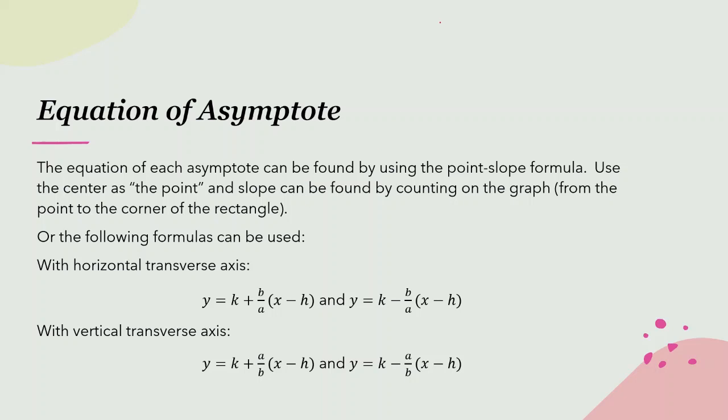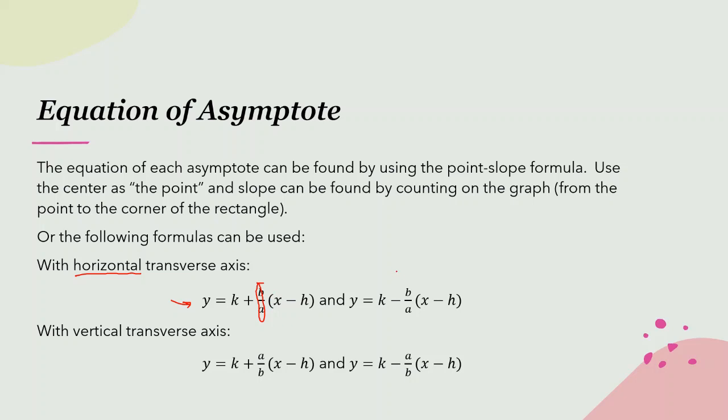If the horizontal is the transverse axis, we'll be using these formulas. It's y is equivalent to k plus b over a. So you have to note this part: if it's a horizontal transverse axis, b is at the top, or the numerator, and a is at the denominator.